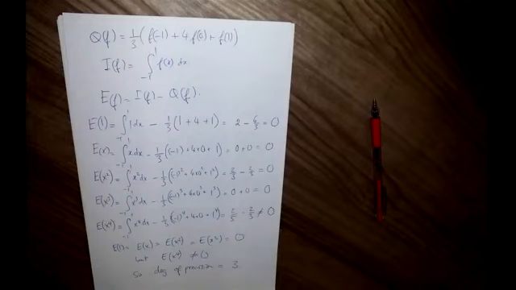Before we talk about this theorem, let's see whether it is true or not. So remember, for 1 point, for m equal to 1, the midpoint rule, the degree of precision is 1. Yeah? So that's correct.